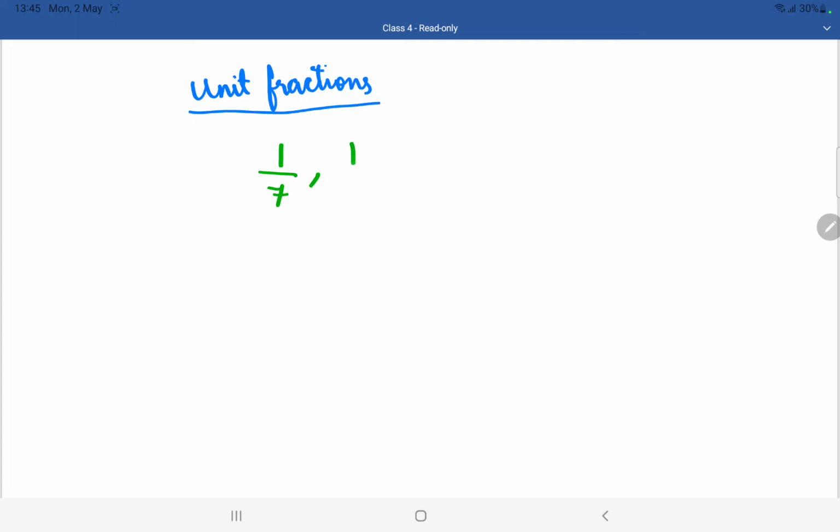It might be 1 by 7, 1 by 100, 1 by 1, 1 by 24, anything. When a fraction has 1 as its numerator, meaning 1 should be its upper part, that is the numerator, then that particular fraction is known as a unit fraction.